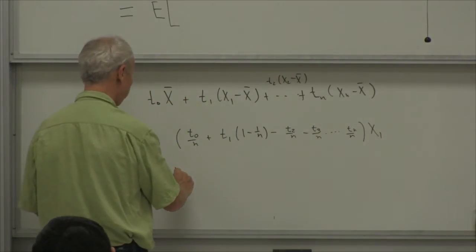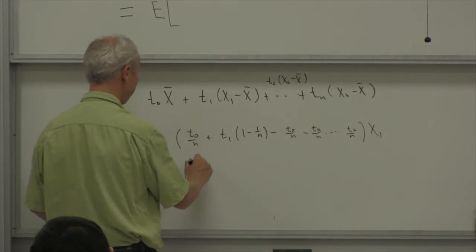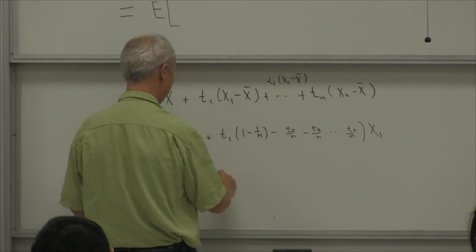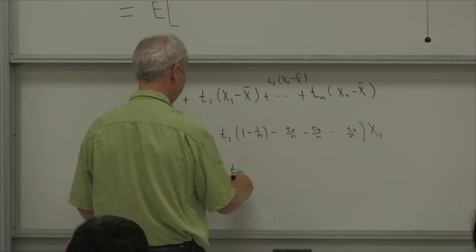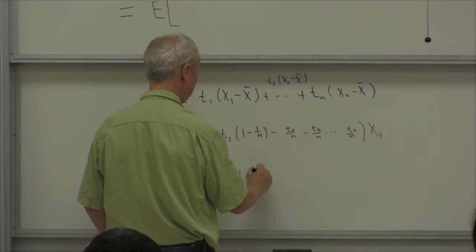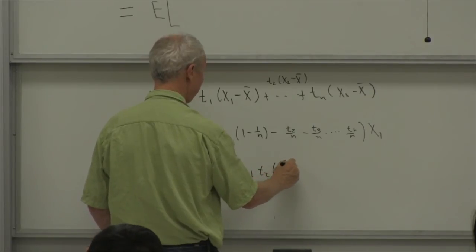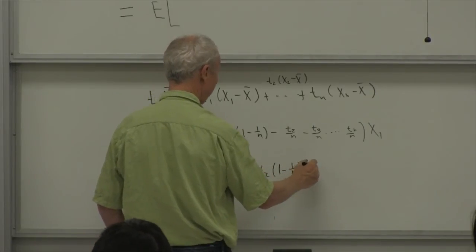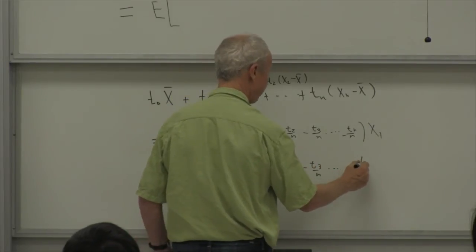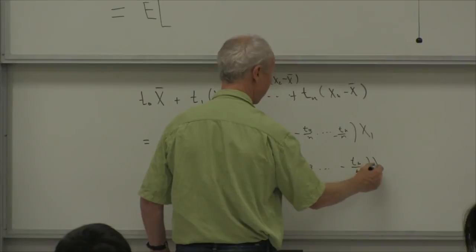And what do I get for the coefficient of x2? From here I get a t naught over n. From here I'll get a minus t1 over n. From here I'll get a t2 times 1 minus 1 over n. Then I get a minus t3 over n, etc., all the way up to minus tn over n, times x2.